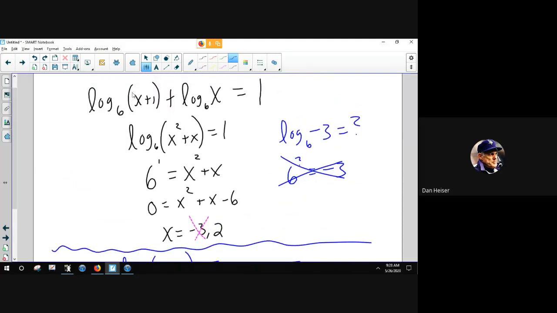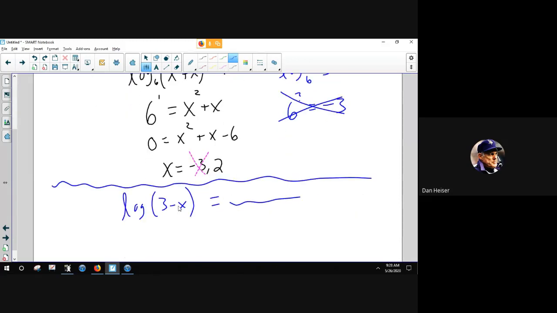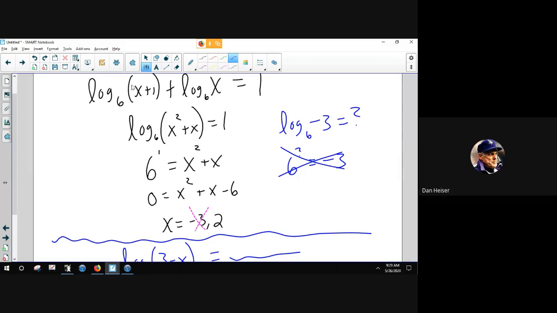You have to plug it into the original problem and see if you get negatives anywhere. Here we got a negative. Had to toss it. Here, if we came out with negative 3 as a possibility, it would be just fine. So we have to be careful with the values we get. Check them with the original problem.